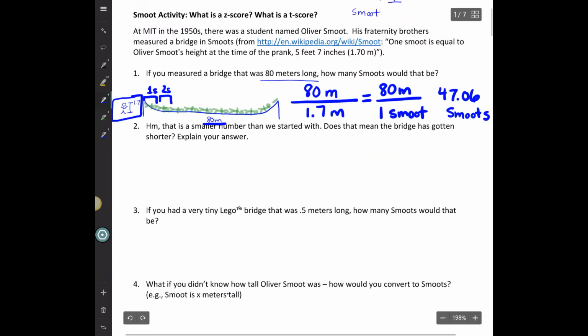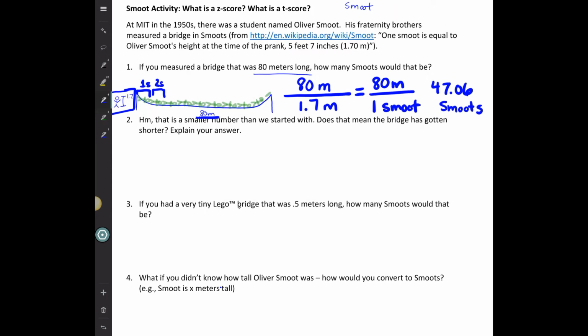Okay, so hopefully everyone followed that okay, right? Since this smoot is more than 1 meter, we see our number has actually gotten smaller. So before we were talking about 80 meters, but now we're saying this bridge is actually only about 47 smoots.